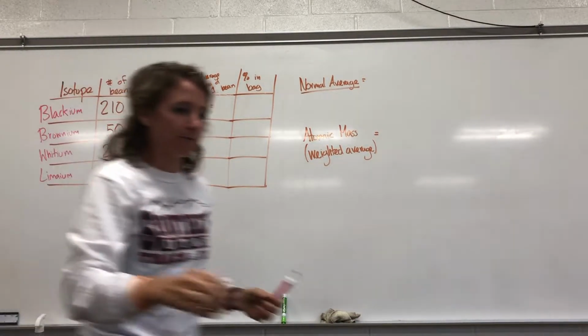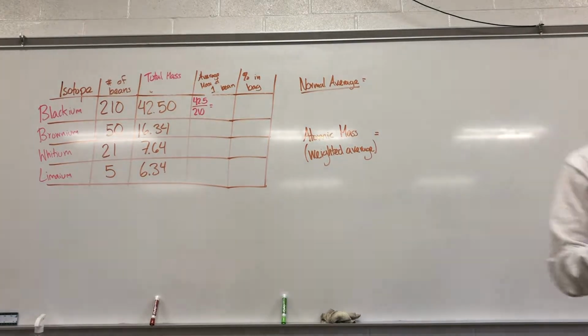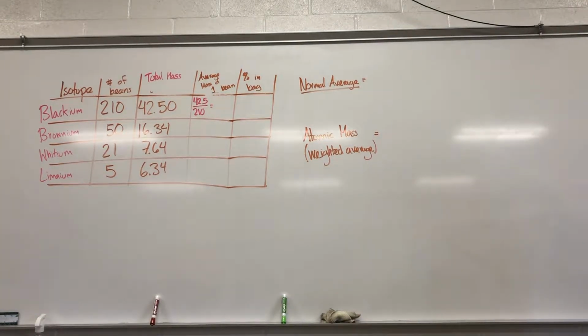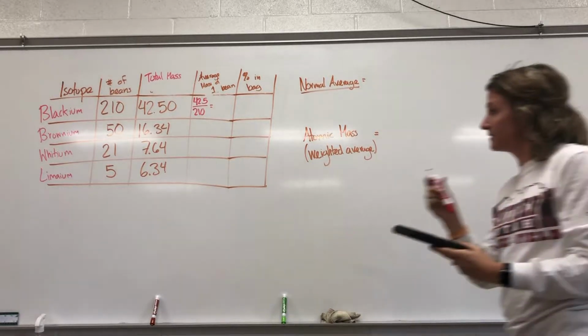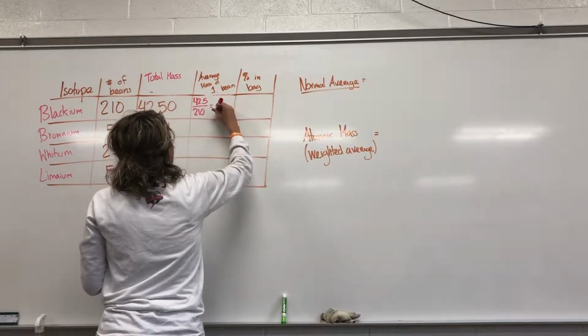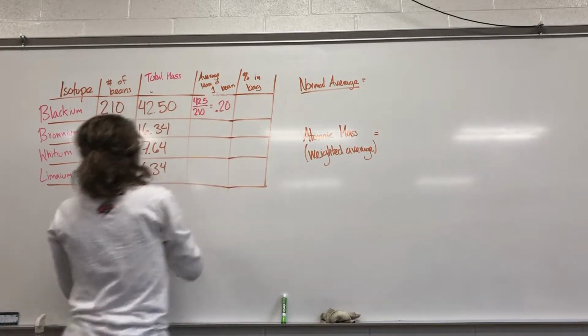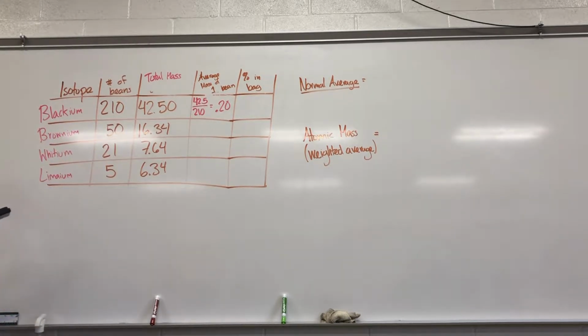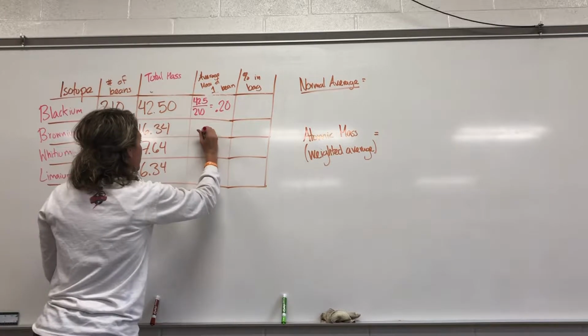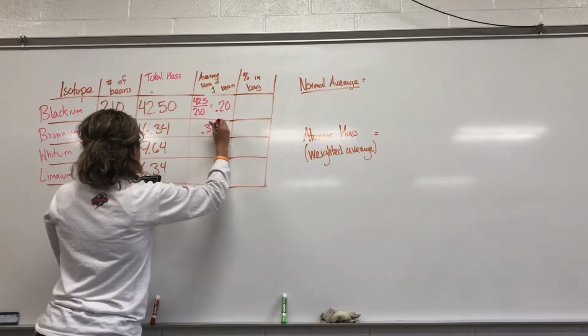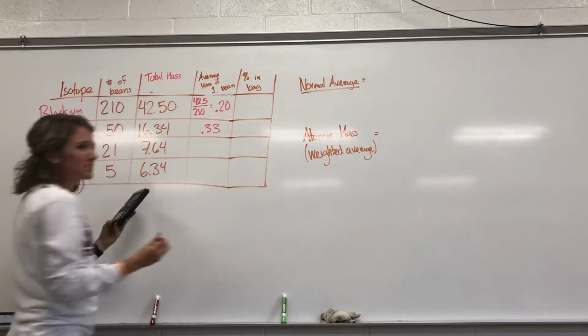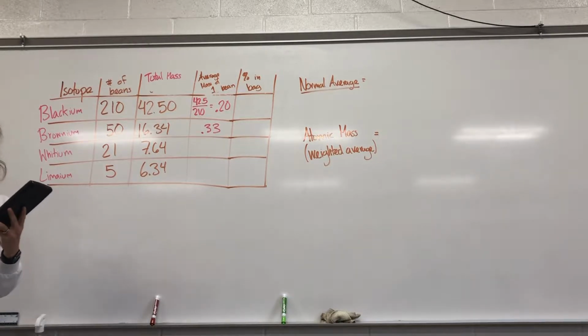So if you want to do that for you and plug it in and get some answers here. Take the total mass and divide it by how many. And you can just keep 2 decimal places for all of it if you'd like.